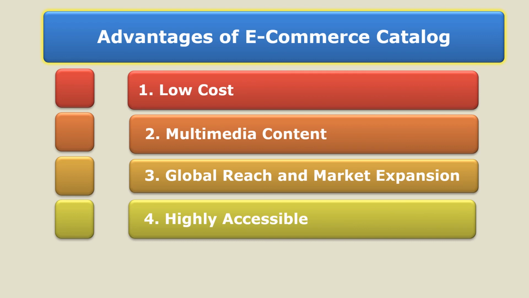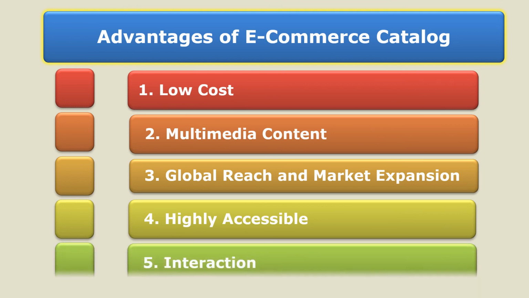In this way, there are different types of electronic devices, and these e-commerce catalogs can be accessed on any such devices. That is the biggest advantage. So e-commerce catalogs are highly accessible.